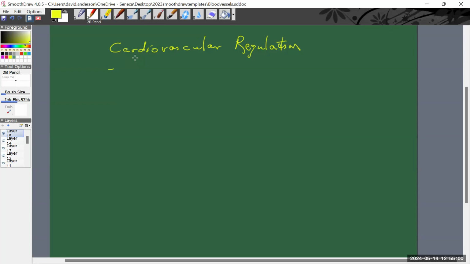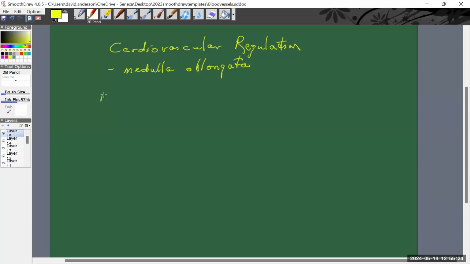Medulla oblongata. So the autonomic regulation of the cardiovascular system, the subconscious relays for cardiovascular regulation, are occurring in the medulla oblongata.